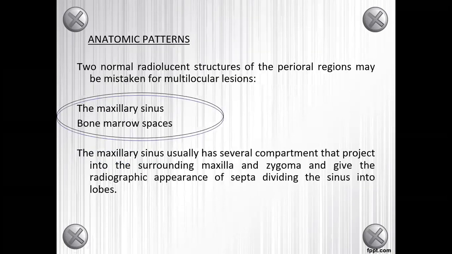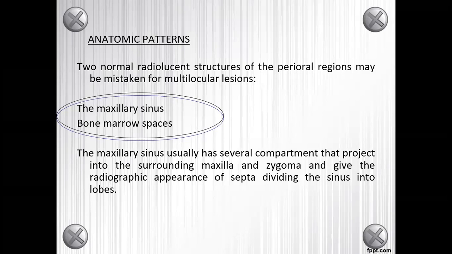Now when you come to anatomy, before knowing what is abnormal in multilocular radiolucencies, first you should know the normal anatomy in the maxilla or mandible, so that you don't get confused with any other pathology. That is, you should know the normal areas in the perioral region.